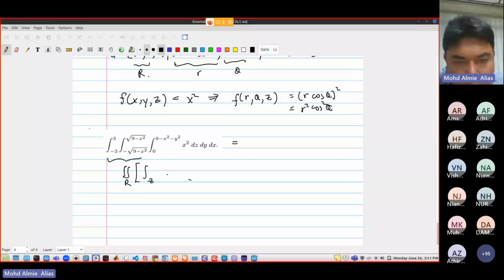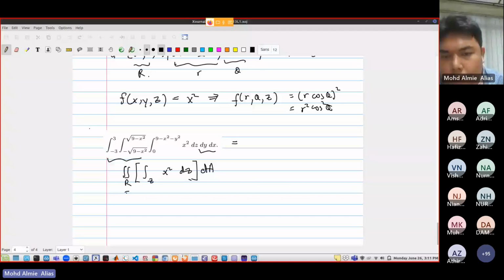This x squared, we have dz, and this is dA. Let's say this is theta, this is r, and then you have here the z.